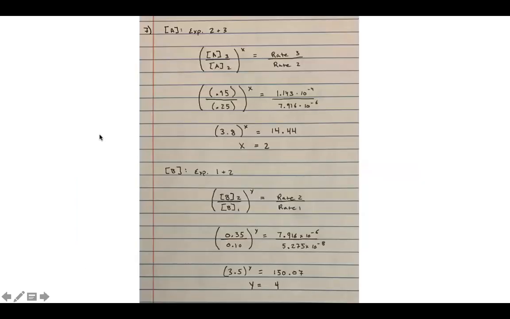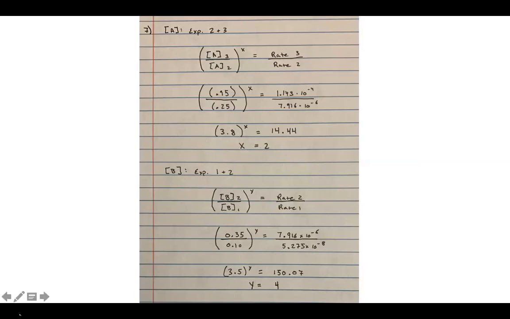So this is just our generic way of solving for it. Hopefully by now you're all used to this. And so we find through our data with the experiments that the reaction order of reactant A is second order, and the order of reactant B is 4.